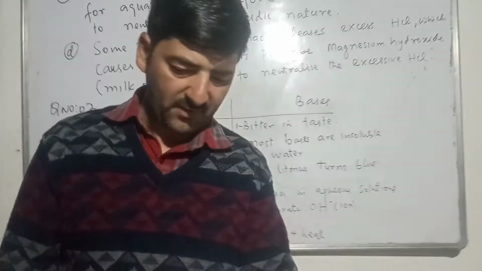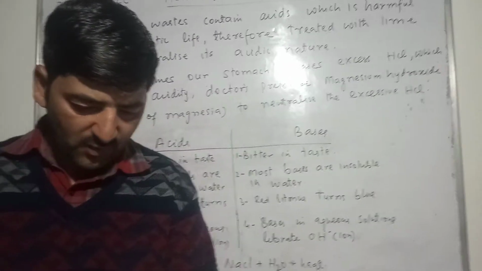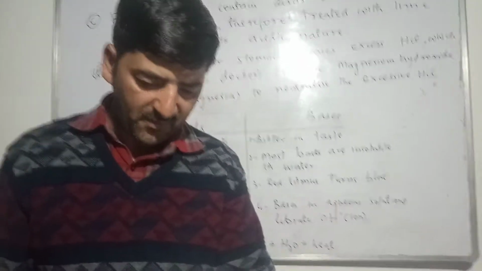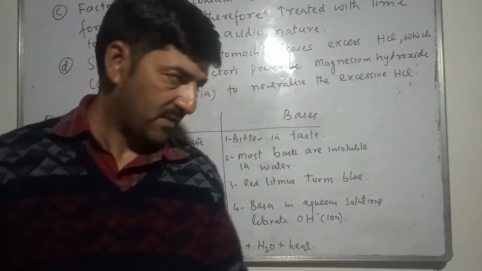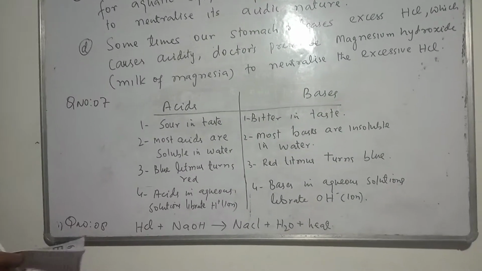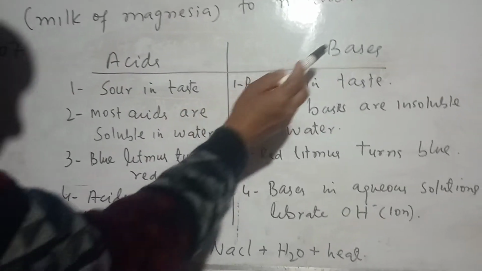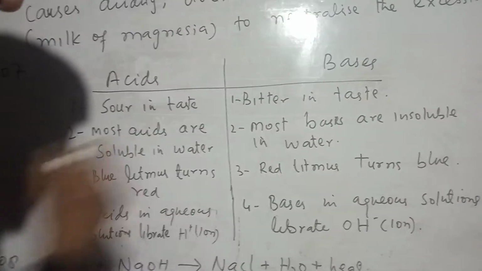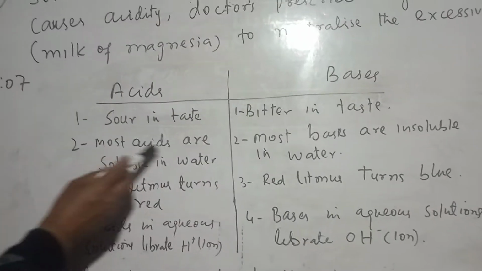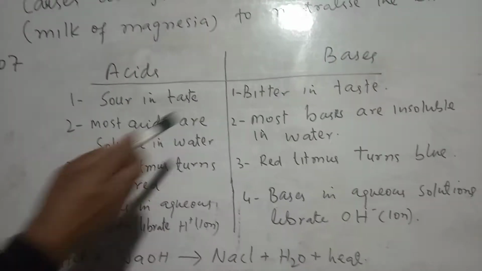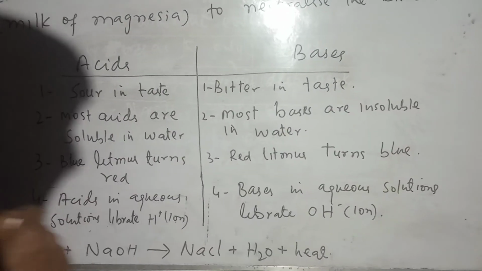Now question number 7 is give 4 differences between acids and bases. Dear students, you know it very well. Acids are sour in taste and bases are bitter in taste. Most acids are soluble in water and most bases are insoluble in water.